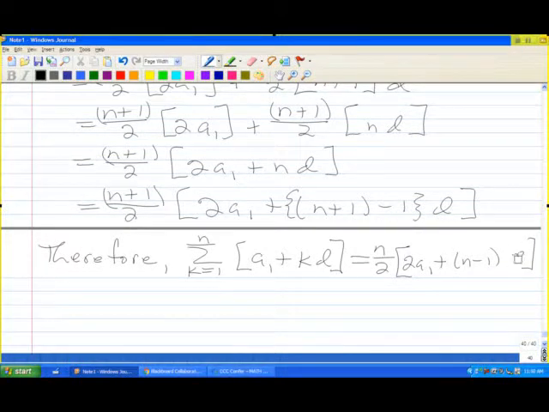This implies that the same formula works when I replace this n by n plus 1.